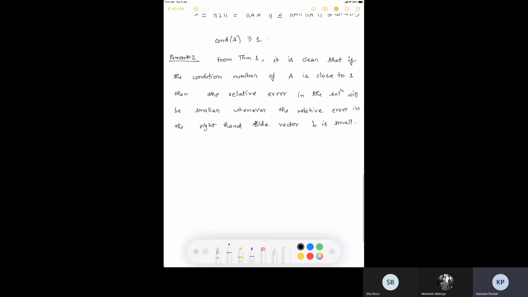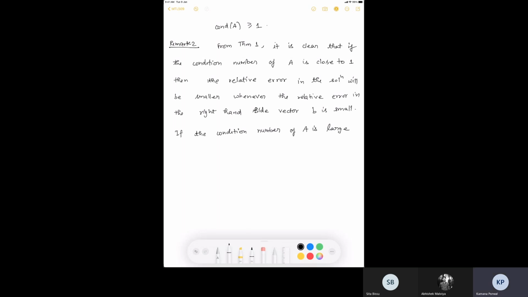On the other hand, if the condition number of the matrix A is large, then the relative error in the solution could be large.